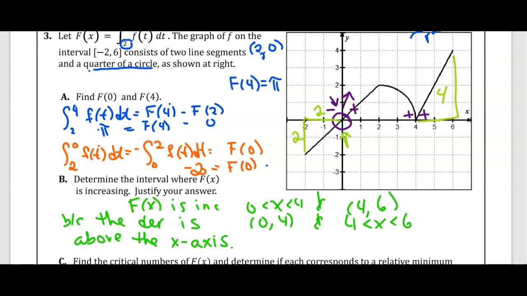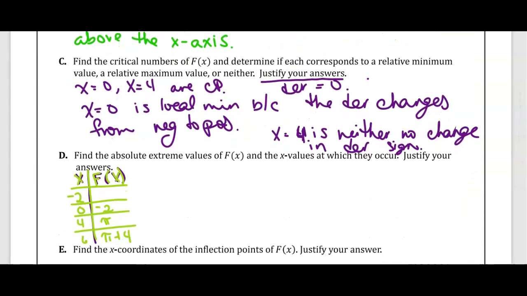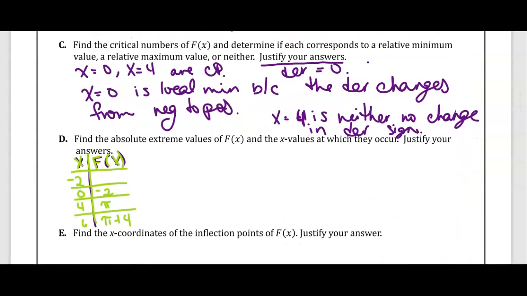If we have that local min, that means it had to come down from somewhere. So even though this is below the x-axis, we're going to technically add on the value of 2. And we could write an integral for that, but I think this will be better.